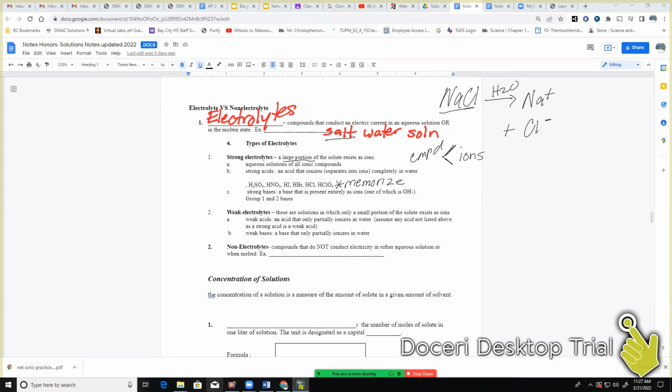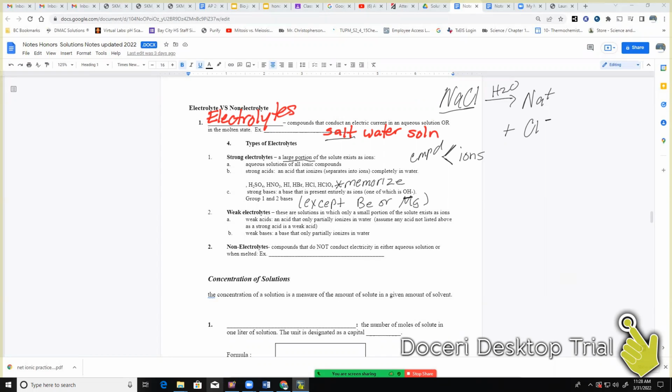Remember, an acid starts with hydrogen, so any other acid besides those 6, those are considered weak acids. Strong bases will ionize almost 100%, and the strong base is a hydroxide with a group 1 or 2 metal, except beryllium or magnesium, the top of group 2. Those metals, they don't tend to ionize as much.